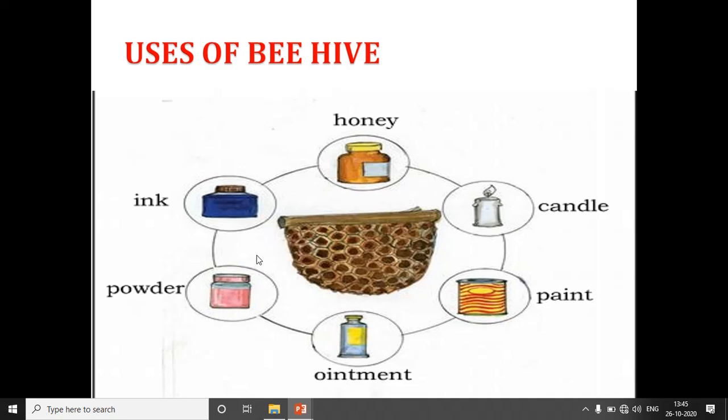We can also get powder, and we can get ink from the beehive. So from the beehive we can get honey, candle, paint, ointment, powder, ink, etc. These are some uses of the beehive.